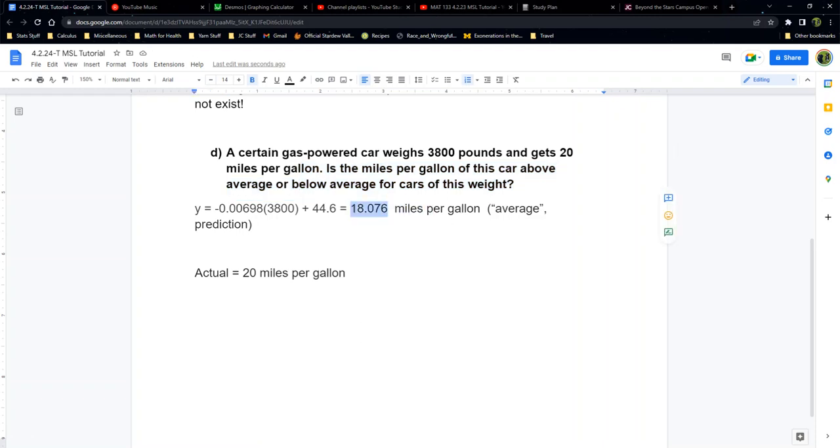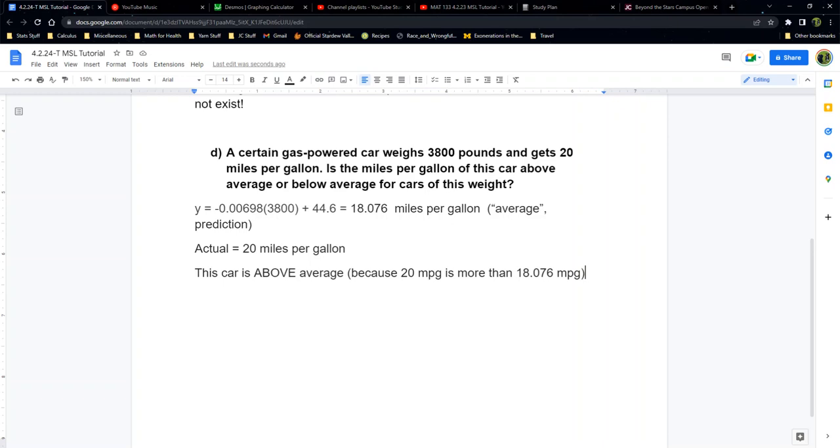Well, average would have been 18.076, so we are above average. This car is above average because 20 miles per gallon is more than 18.076 miles per gallon. The average is the line, the regression line.